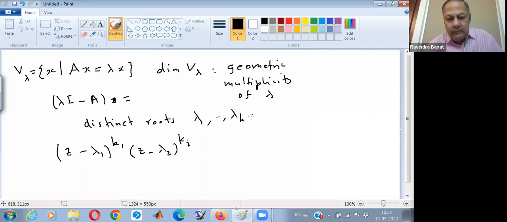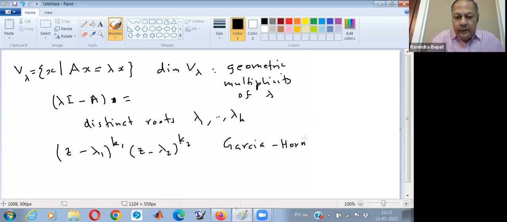Actually, I have seen one recent book by Garcia and Horn, which I'm referring to, which is quite good. Some of the linear algebra books emphasize the functional analytic viewpoint too much. That means they suddenly move on. For them, a matrix is a linear operator only, nothing more. So they avoid even the word matrix.